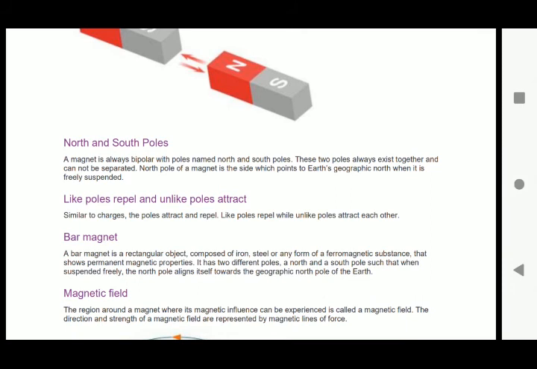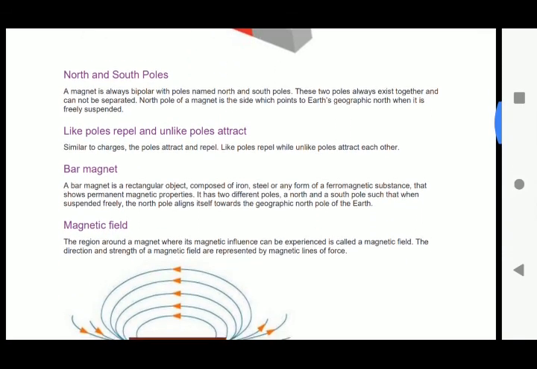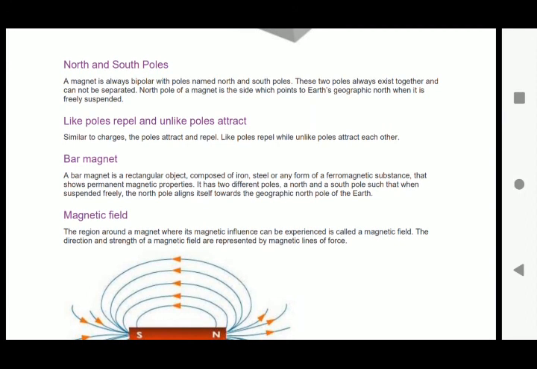Now, what is magnetic field? A magnet creates a magnetic field around it. The space surrounding a magnet in which magnetic force is exerted is called a magnetic field.